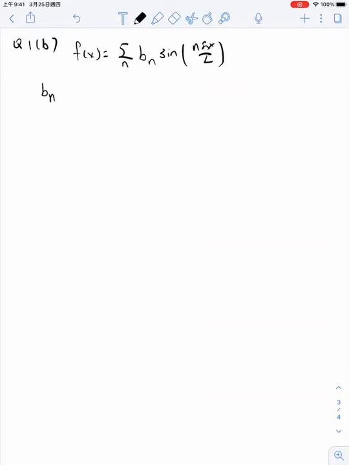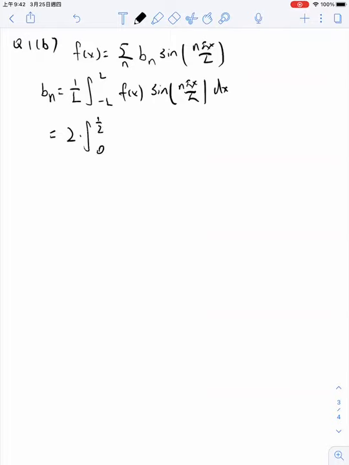Then we do the same thing to find the coefficient bn. And then we put L equal to 1 over 2. Again, the second half of the integral we don't need to calculate because it's 0.